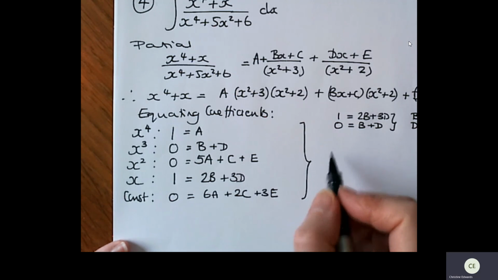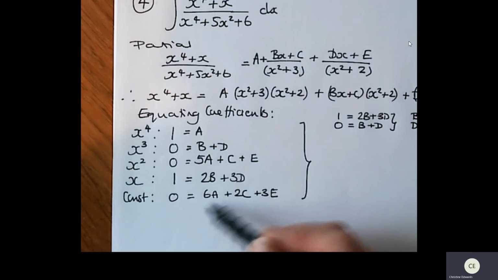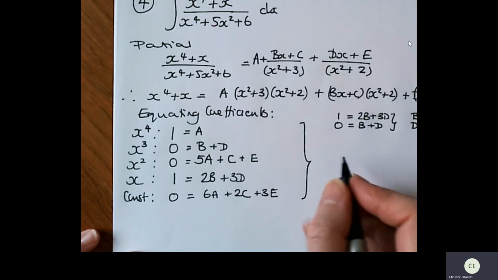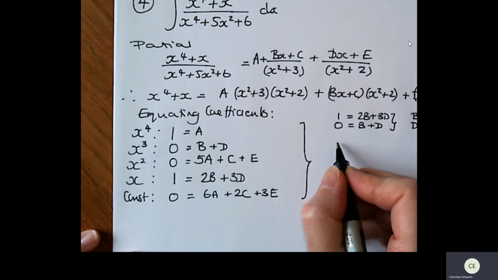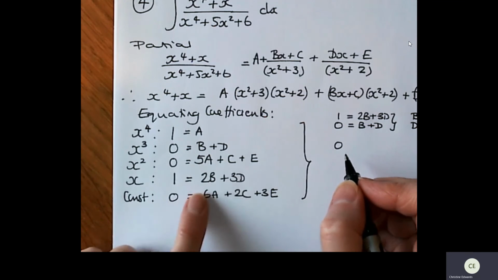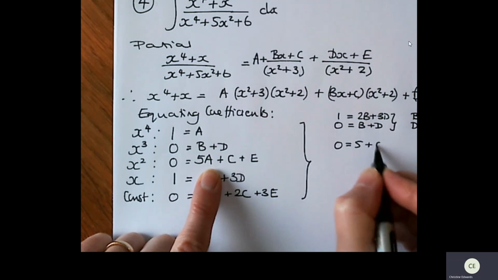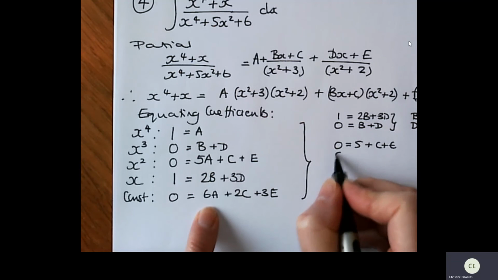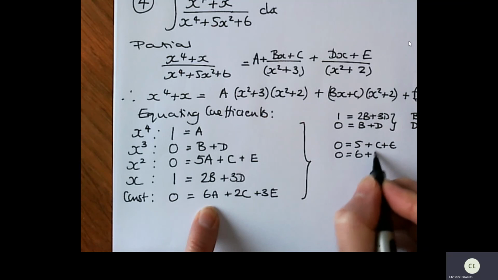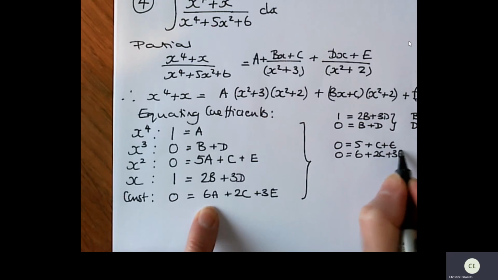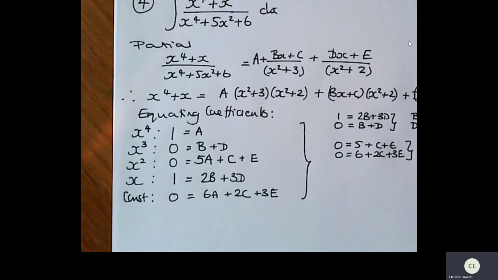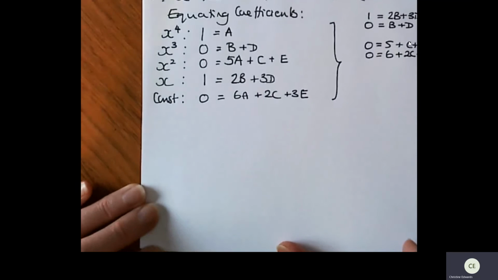I then have 2 further equations. I can sub in for the a. So that gives me 0 equals 5 plus c plus e, and 0 equals 6 plus 2c plus 3e. And from those I will get e as 4 and c as -9. I can then sub everything in and do the integration.